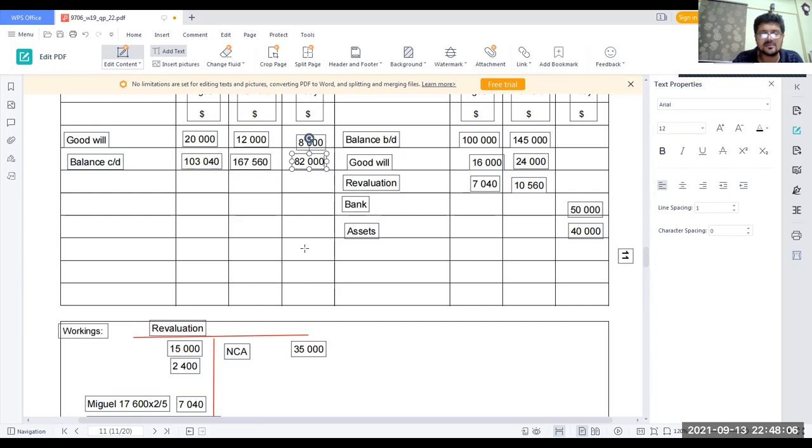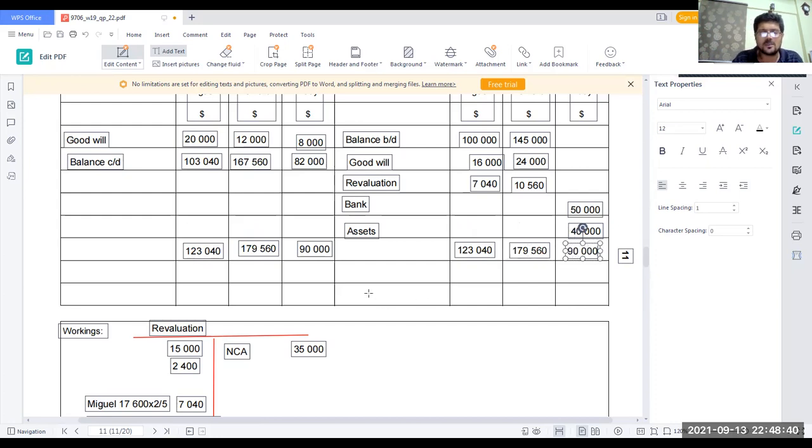Getting my point here? So the total here 90,000. Here total is 179,560. Here total is 123,040. Same here 123,040, 179,560 and 90,000.